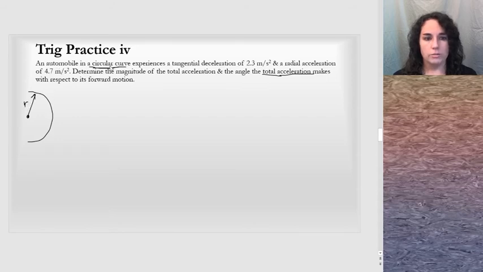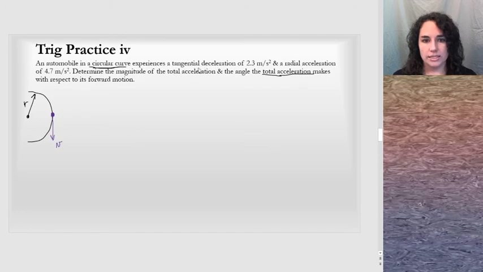An automobile in a circular curve experiences a tangential acceleration of 2.3 meters per second. So tangential means tangent to the circle. If I choose any point along here, I'll just choose right here for convenience, it's moving in this direction. The velocity is in that direction.